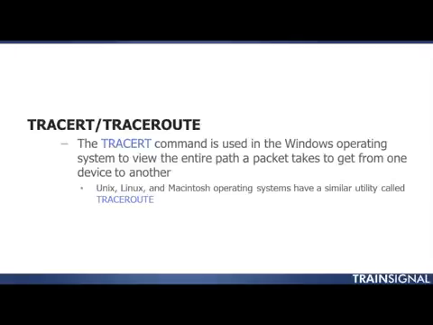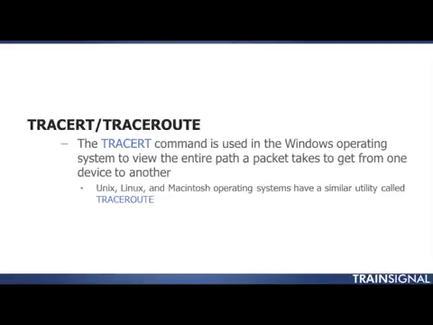In other words, if I want to see exactly how I'm getting from my computer to some server that's maybe in another office through the enterprise, or maybe I want to see how I get from my individual computer to a web server out on the internet, I can use the traceroute command to do this. This is also a great way to troubleshoot if you're not getting to somewhere, right?